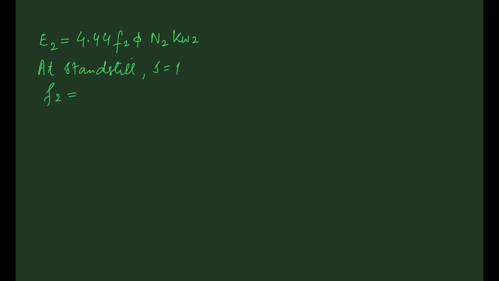We know that the EMF induced in the rotor winding per phase is given by E2 is equal to 4.44 F2 phi N2 KW2, and at standstill S is equal to 1 and the frequency of the rotor induced EMF F2 will be equal to F1, and therefore the EMF induced per phase of the rotor at standstill will be equal to 4.44 F1 phi N2 KW2.